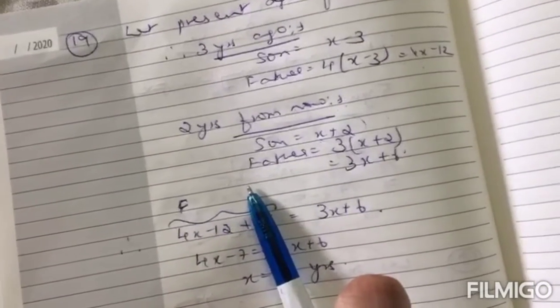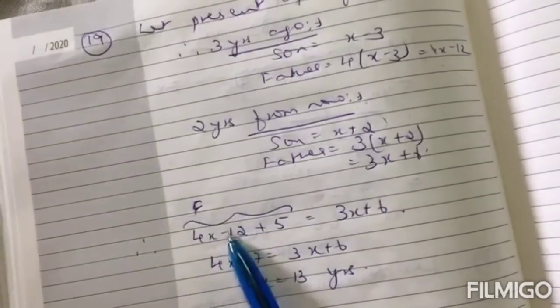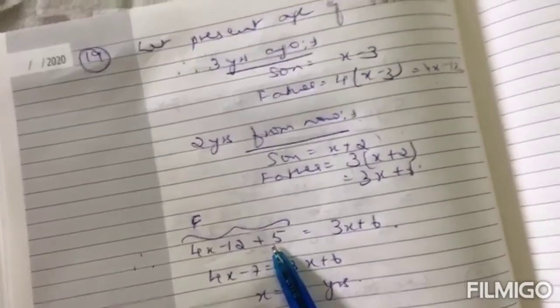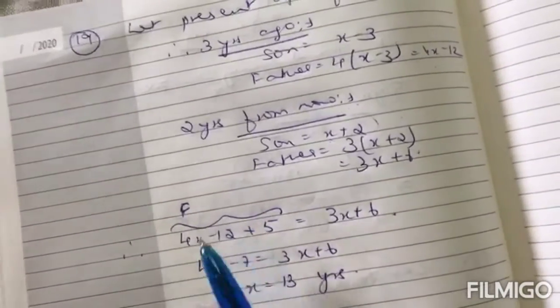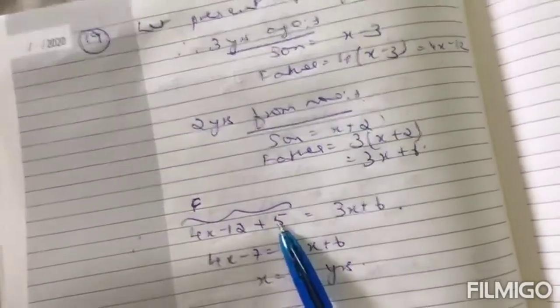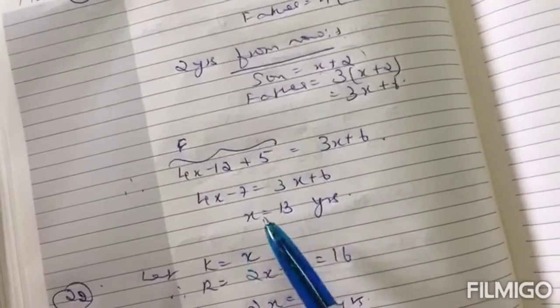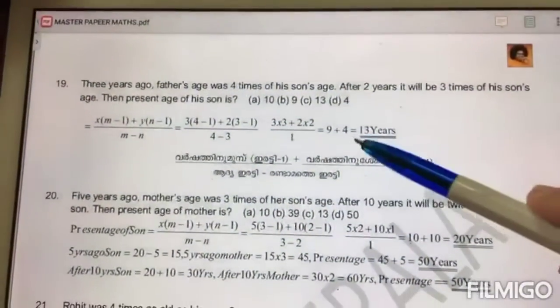Correct? Therefore, what is father's age 2 years from now? It will be 4x minus 12, that is age 3 years ago, plus 3, that is father's present age, plus 2. So that's how we get 4x minus 12 plus 5 equals 3x plus 6. When you solve, you'll get x is equal to 13 years, which is the son's current age.